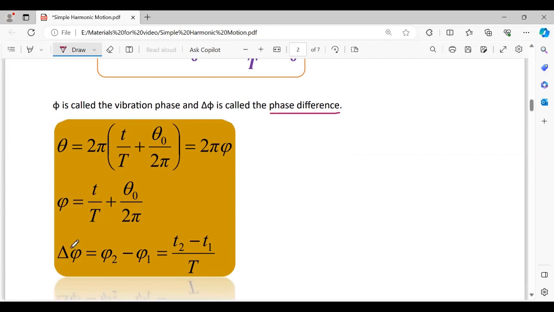So delta phi equals phi 2 minus phi 1, or delta phi equals t 2 minus t 1 over period.